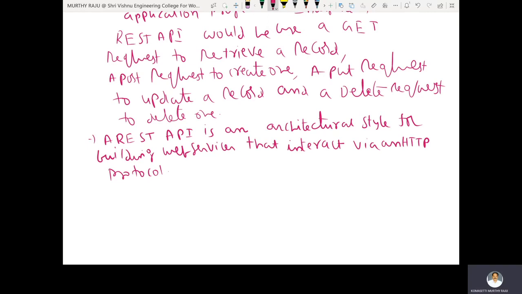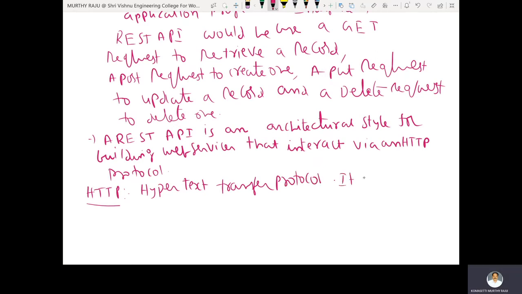Next one is HTTP, hypertext transfer protocol.